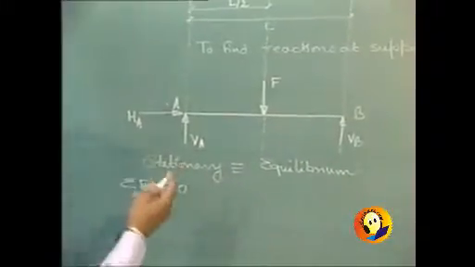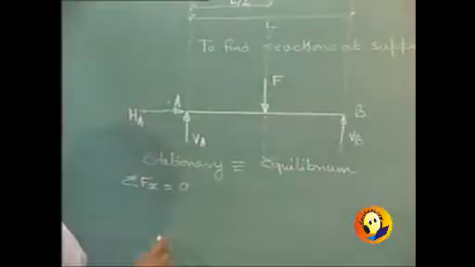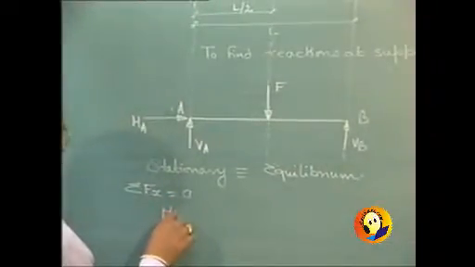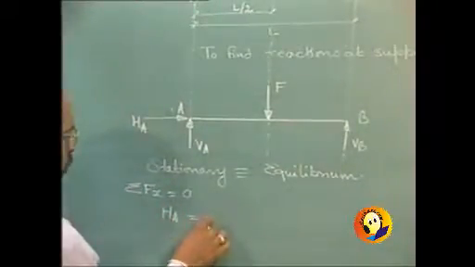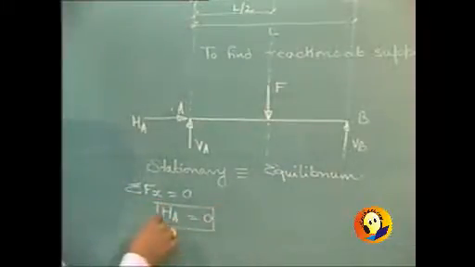So if I apply sigma fx equal to 0, I find that there is only one force which is horizontal, HA, towards right, so positive, equal to 0. There is no other force. So I get solution to one of the unknowns, HA.